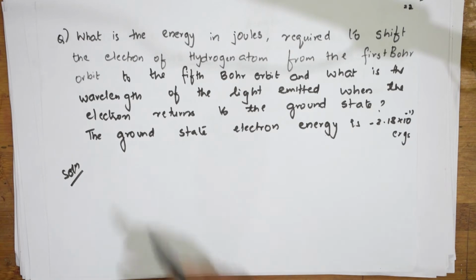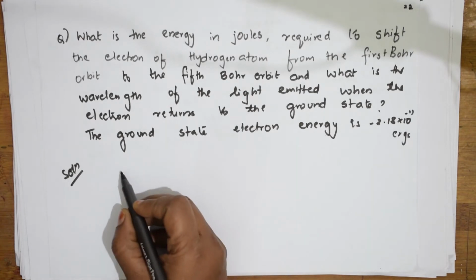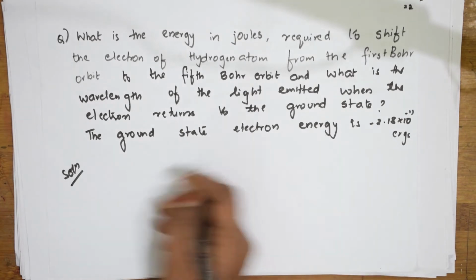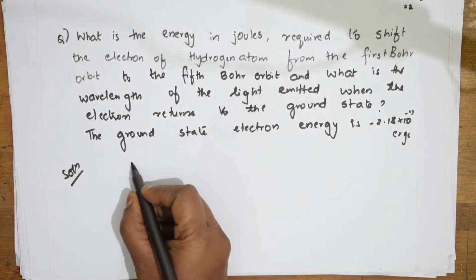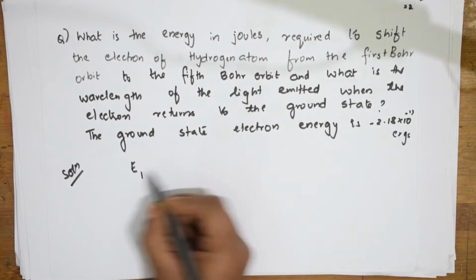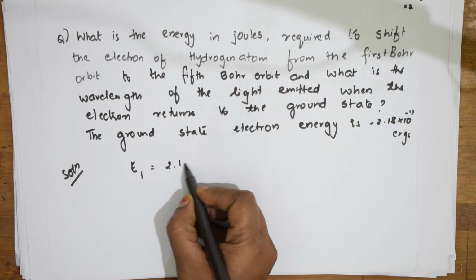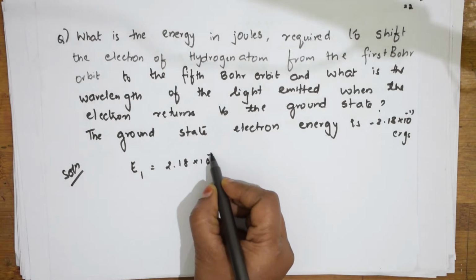So let's start. First of all, we have a formula in Bohr's hydrogen atom. Let us note what is given. Here they've given me only one value: the energy in the ground state, which is equal to 2.18 into 10 raised to the minus 11 ergs.